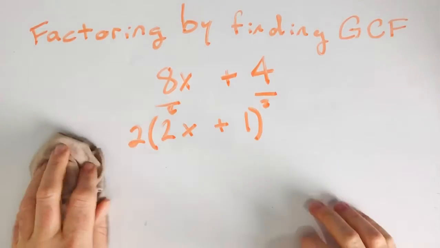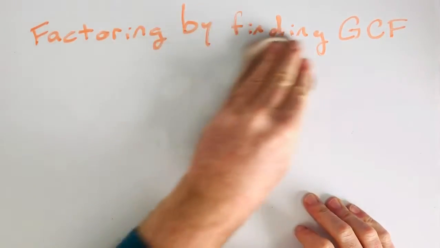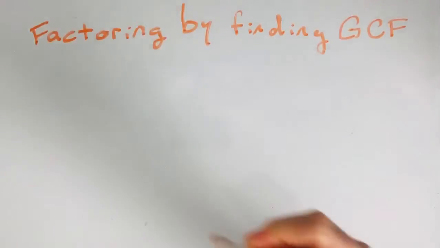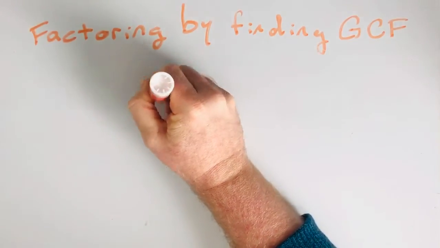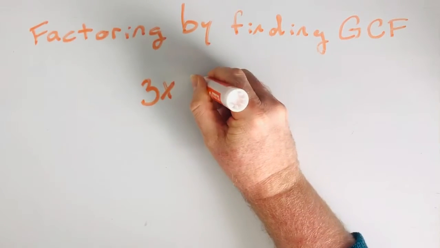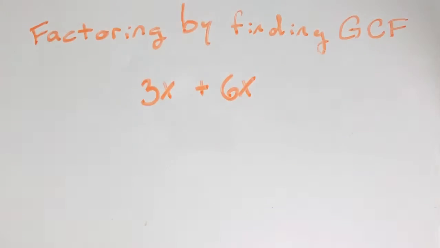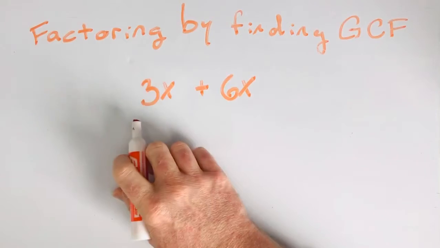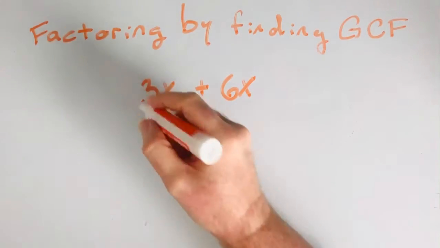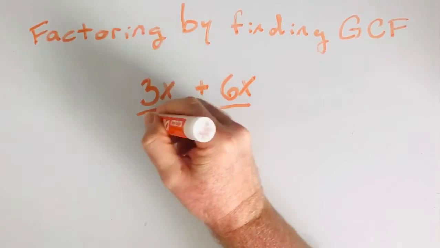Another example would be 3x plus 6x squared. What can I divide out of both of these terms? I can divide both of them by 3.